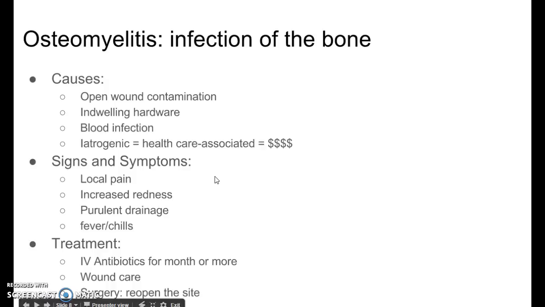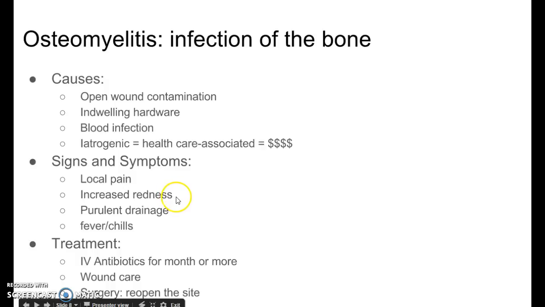I picked 4 main signs and symptoms for infection. This first one, local pain, I'm not saying it's the least important, but if that's the only sign and symptom you have, that's going to make your guess not a very good one, because almost all of these disorders are going to cause local pain. So this is probably your least discriminating sign and symptom.